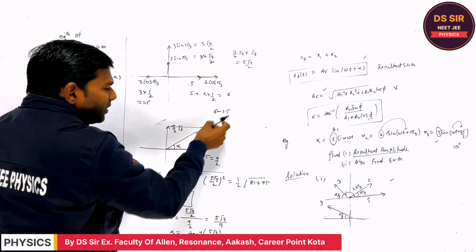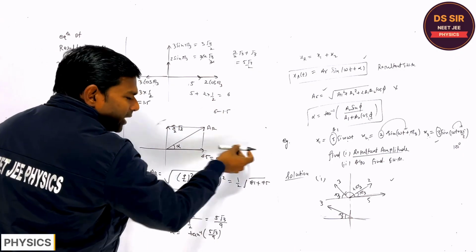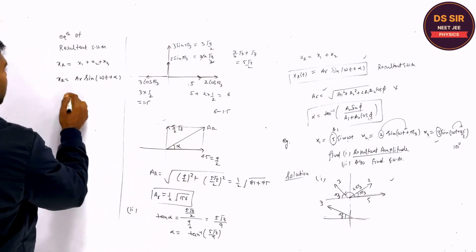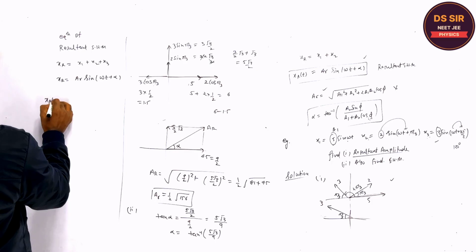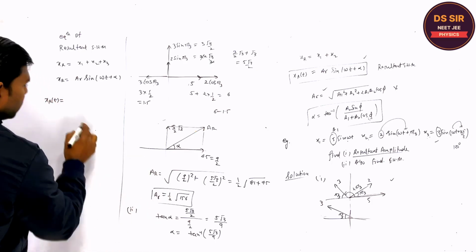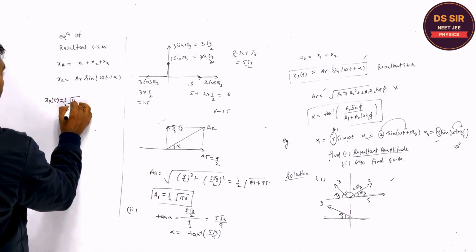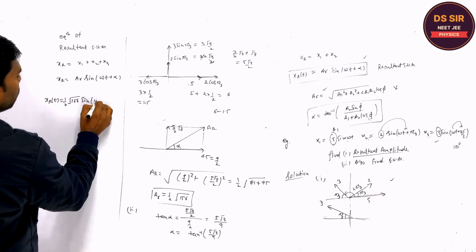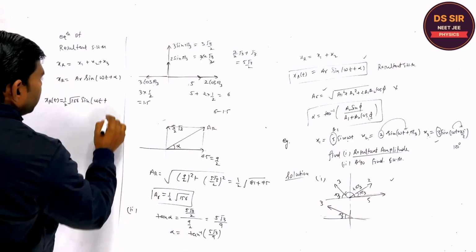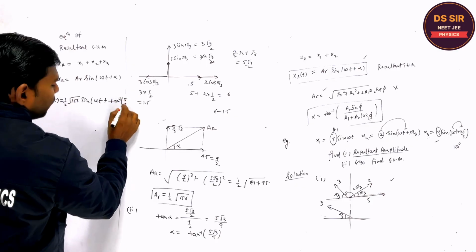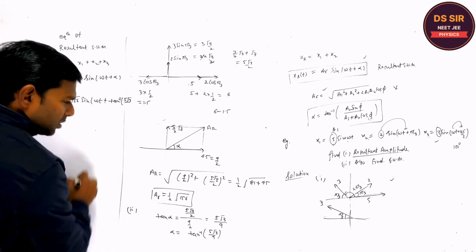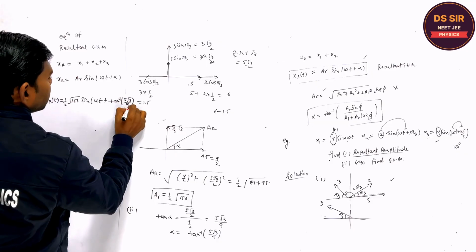So the resultant wave is omega t plus alpha, where AR is 1 by 2 root 156, sine omega t plus alpha. The value of alpha is tan inverse 5 root 3 by 9.